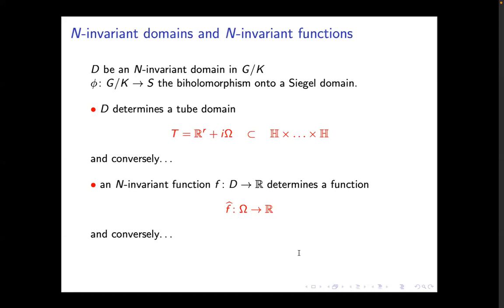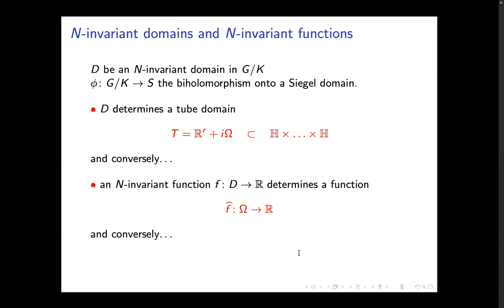Okay, so this is for G mod K. Now we consider an N-invariant domain in G mod K. We said G mod K is biholomorphic to a Siegel domain, and as a thick slice for G mod K, we had this product of R copies of the upper half plane, which is a tube domain over the positive octant.